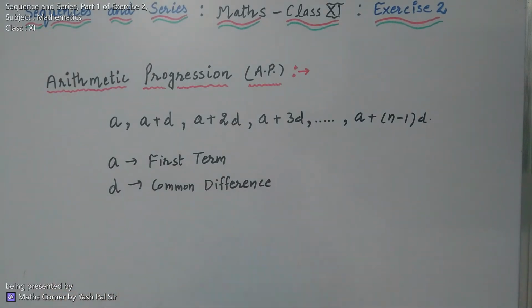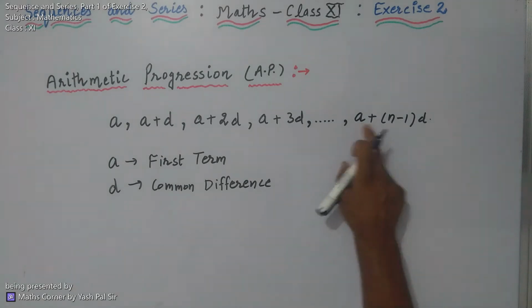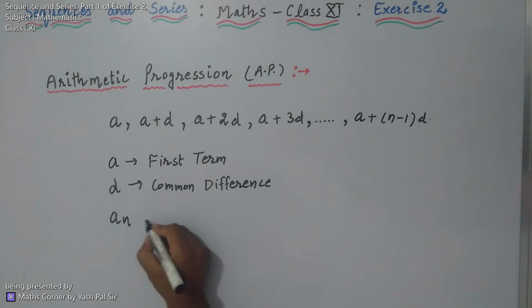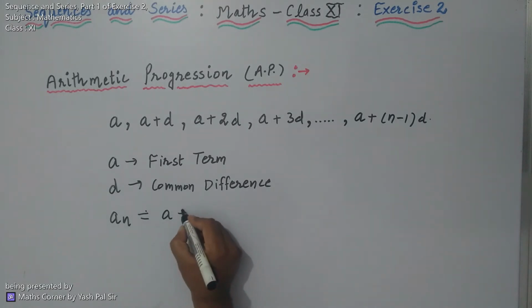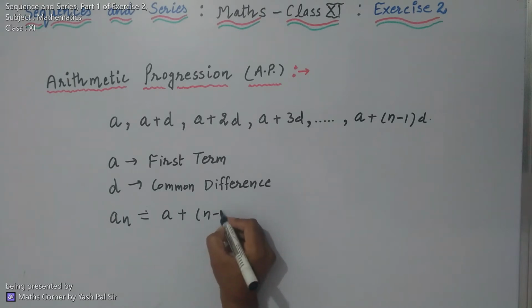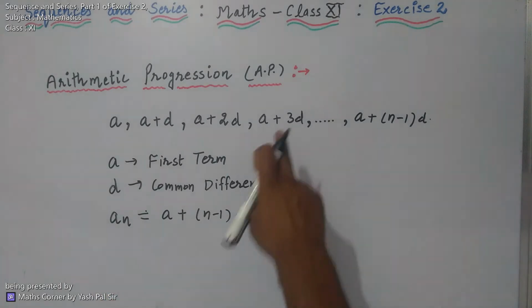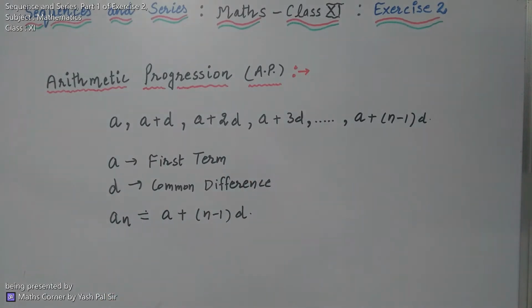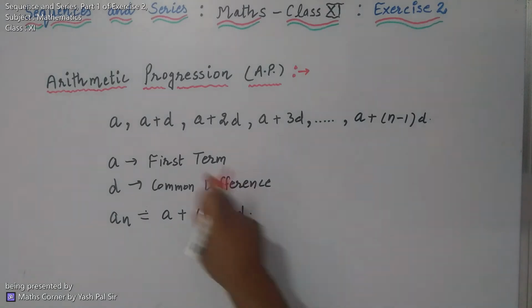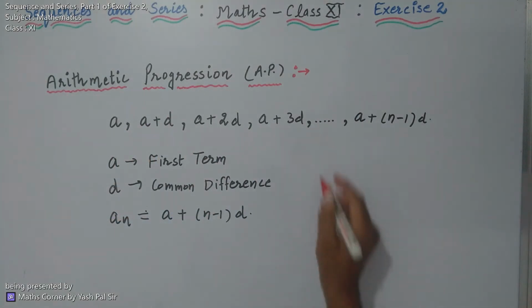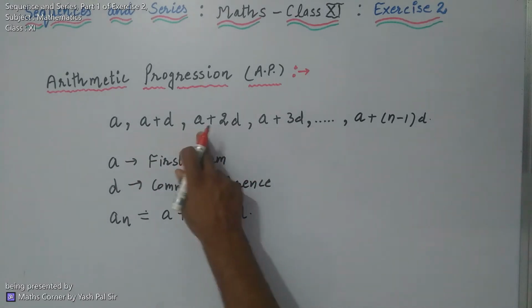D means common difference. Now this last term is also known as the nth term. The nth term is equal to the first term plus n minus 1 into D. So this is the way we can find the nth term of the AP. Now if we want to add these n terms of an AP, what is the sum of the n terms?